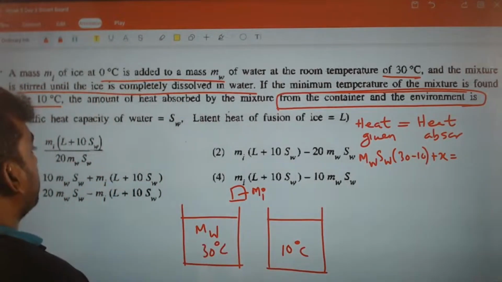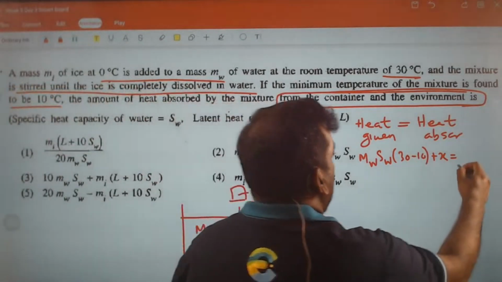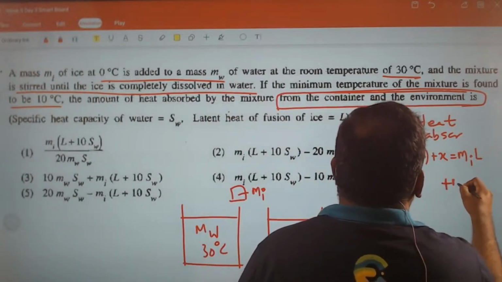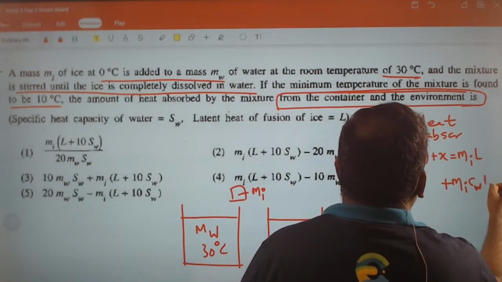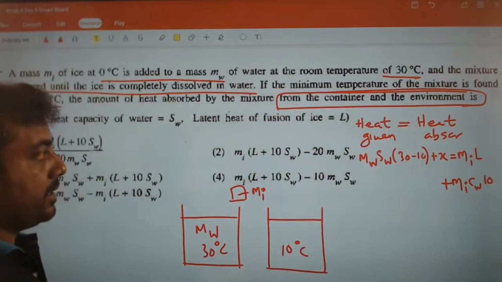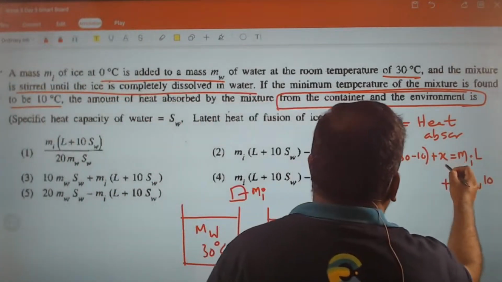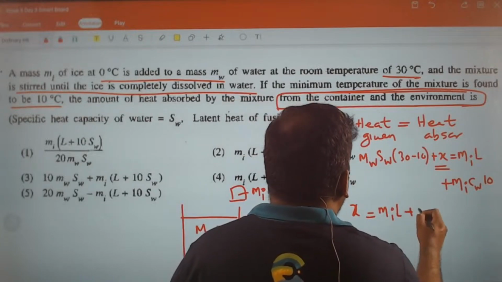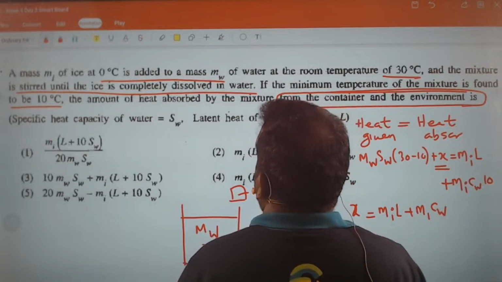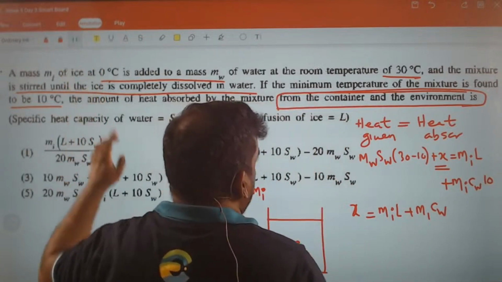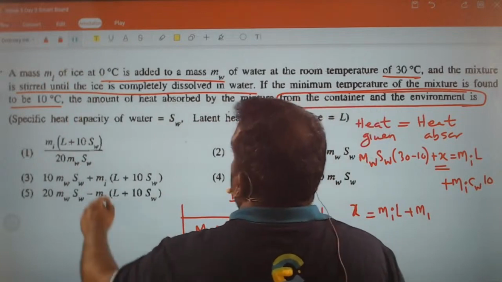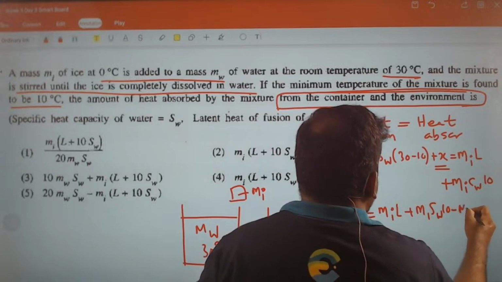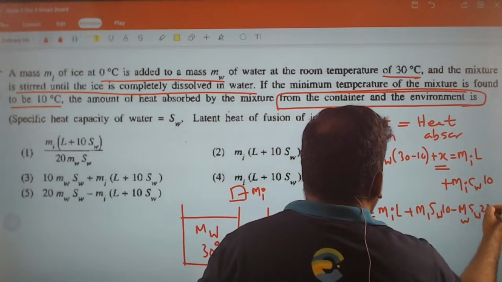Mass of ice. What is happening? Mass of ice will completely melt, LF, and that mass will reach 10 degrees Celsius. So the amount of heat absorbed from the environment and the container is m1L plus m1 SW 10 minus mW SW 20.